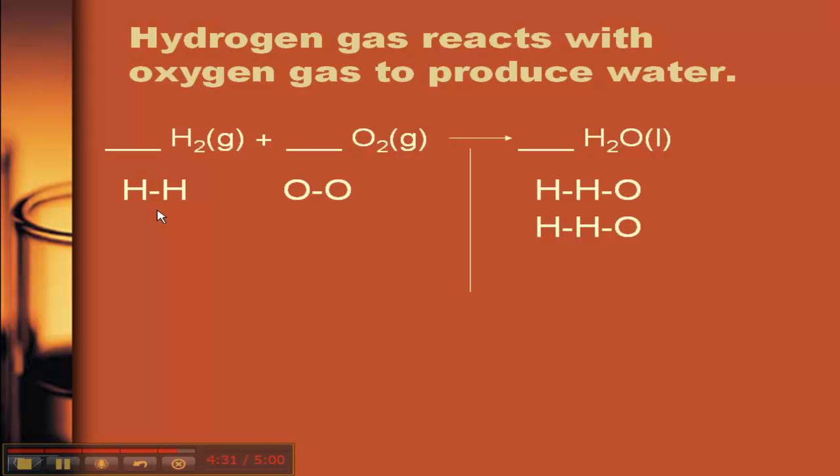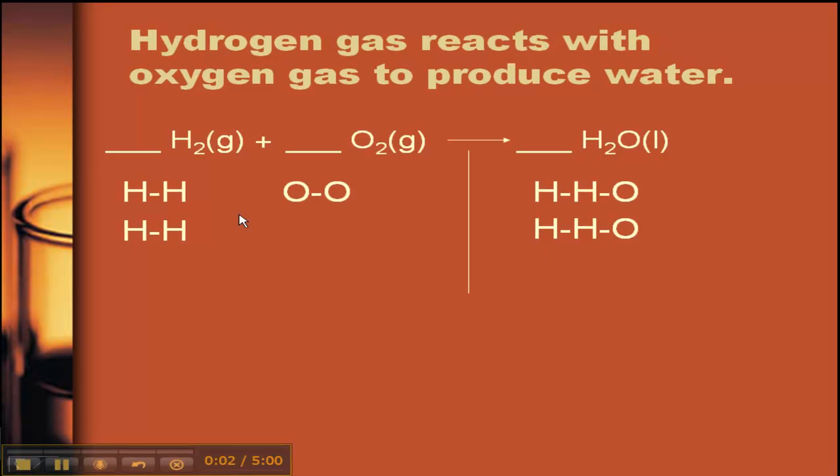So if I go back over here and look, if I have 2 H2s, then I have 4 H's. And we are going to look at this as a mole ratio. What we're going to do is count the number of our atoms that make this equation balanced and use those as coefficients.